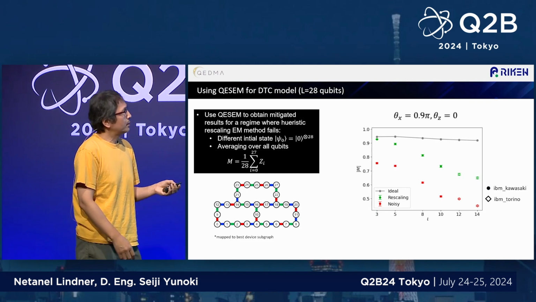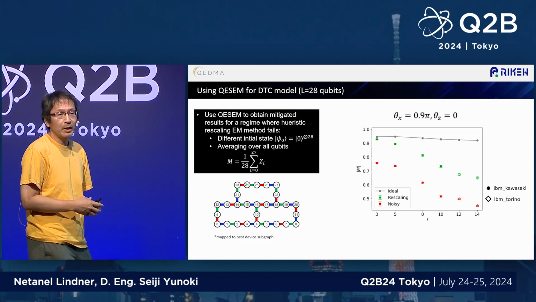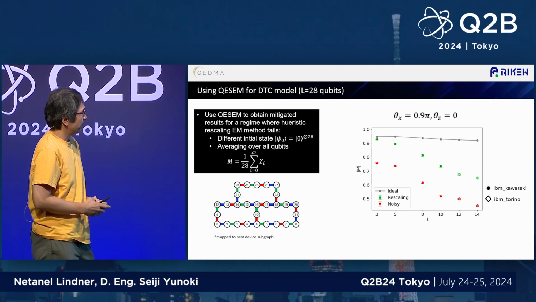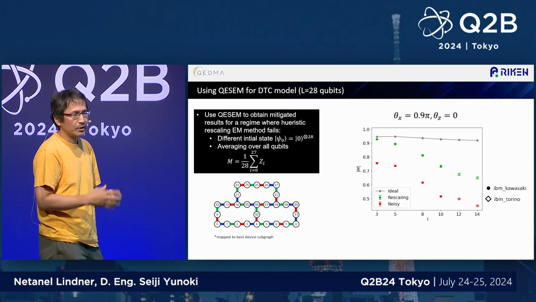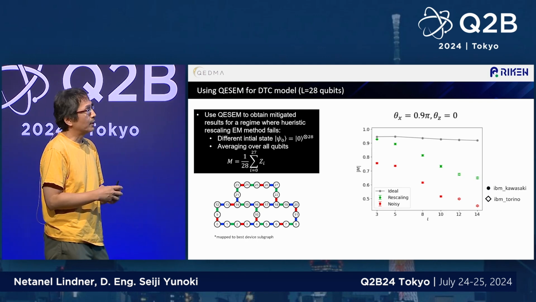So here in this experiment, we choose a particular set of parameters with the fully polarized state as the initial state, a case where this simple error mitigation does not work.